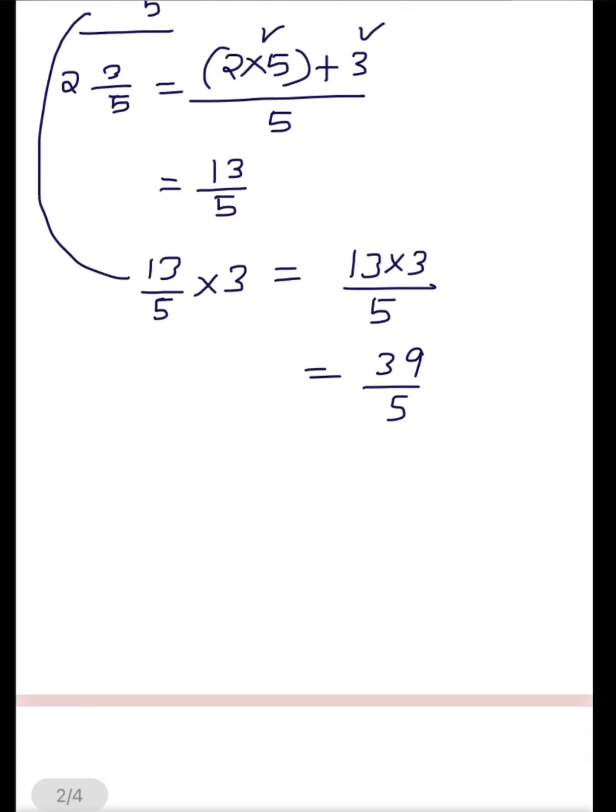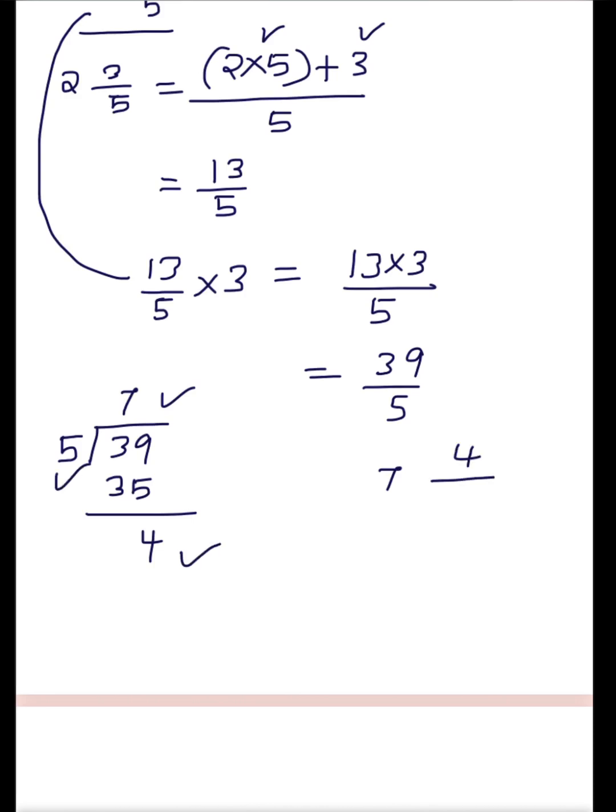Now this is again an improper fraction, so you need to convert it into a mixed fraction. So 39 by 5: 7 times 5 is 35, remainder 4. Write this 7 first, then this 4 divided by this 5. So 7 4 by 5 will be the answer for this question.